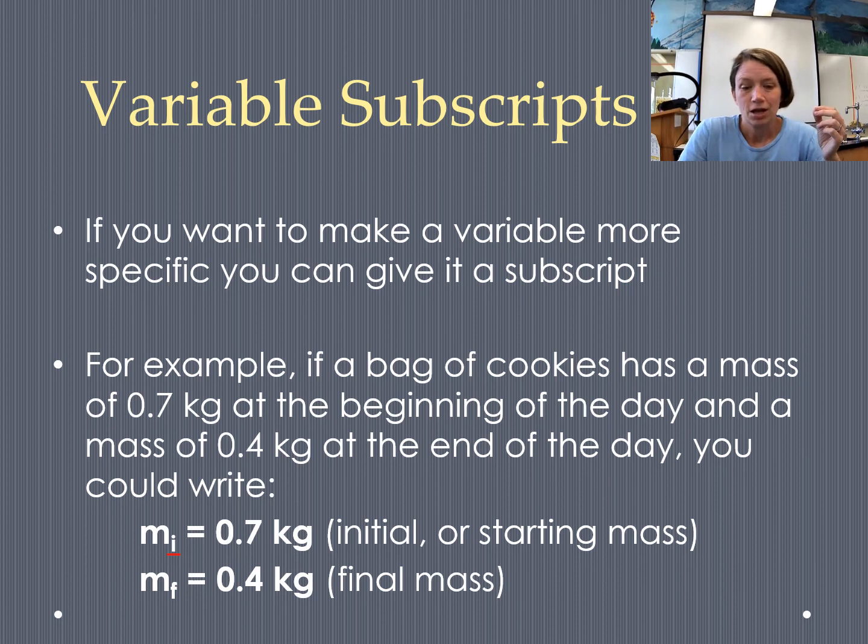If I wanted to write down the other variable, I would write M with a little subscript F, and the F stands for the final value of that mass. So you can keep those variables separate from each other by using the little subscript to identify what's going on. If you had like mass of a person A and person B, you could do M sub A or M sub B. Any of those little subs are just ways to identify what's really going on.